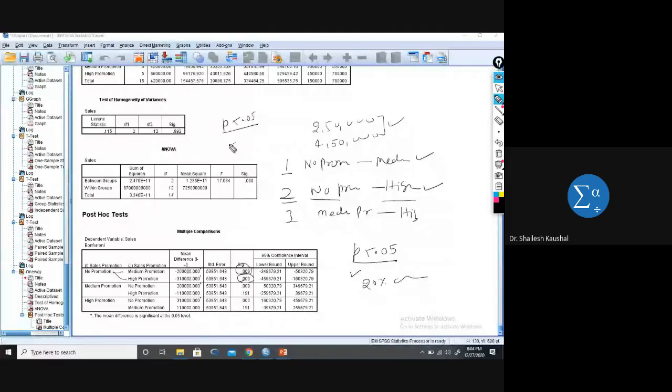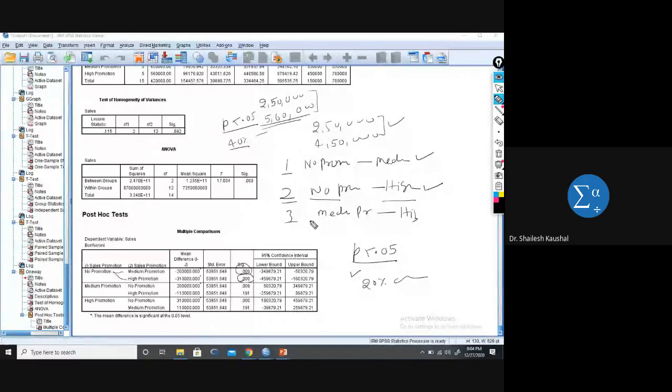It means the 40% discount also increases the sales significantly, because when there is no promotion the sale was 2,50,000, and when we use a 40% discount, the sale increases from 250 to 5,60,000. So there is a significant impact.